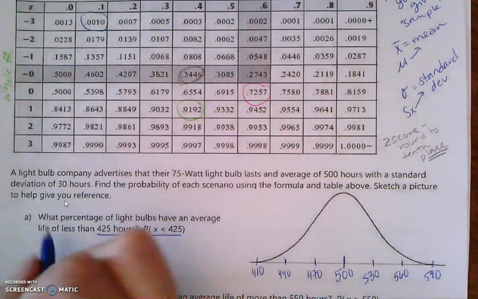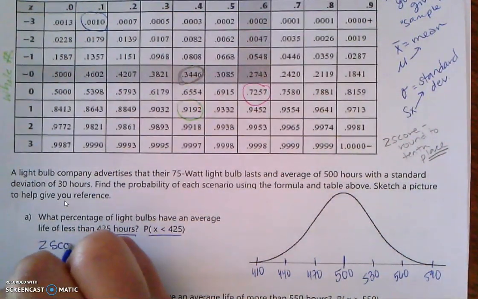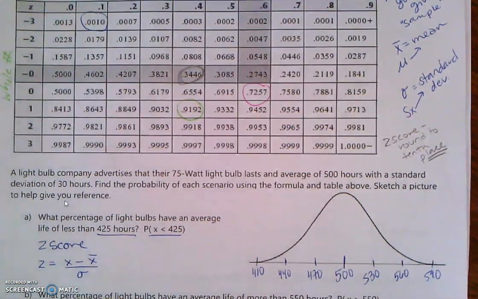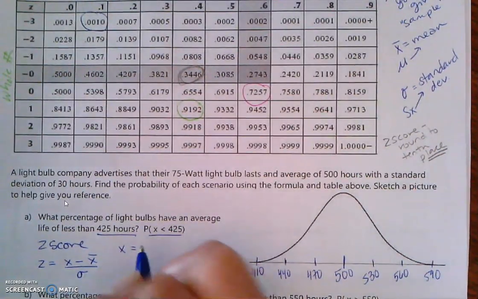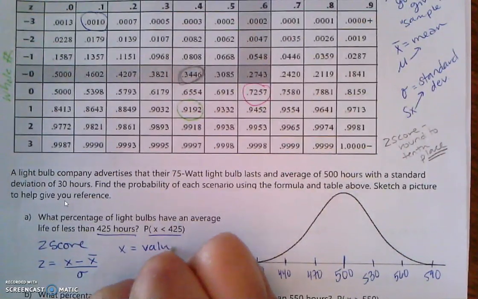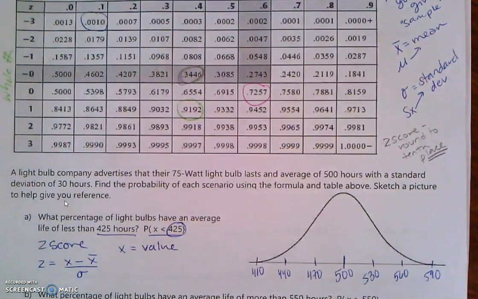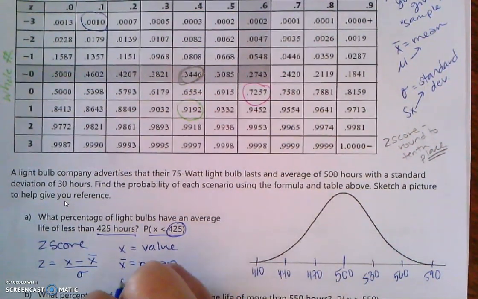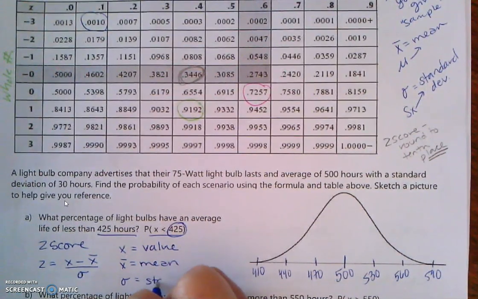So the way you use a z-score is you use the formula z equals x minus x bar over standard deviation, where x is your value, which in this case is 425 that you're given. Your x bar is your mean, and your sigma is your standard deviation.